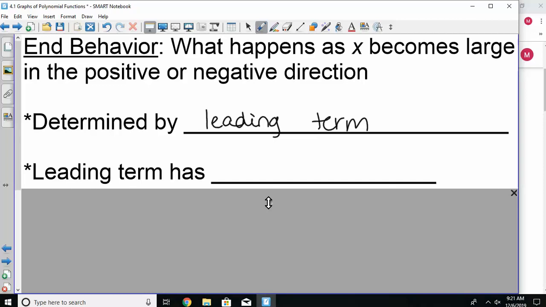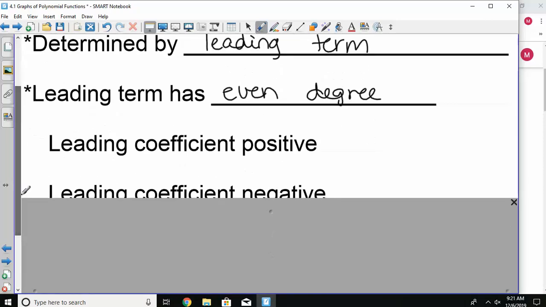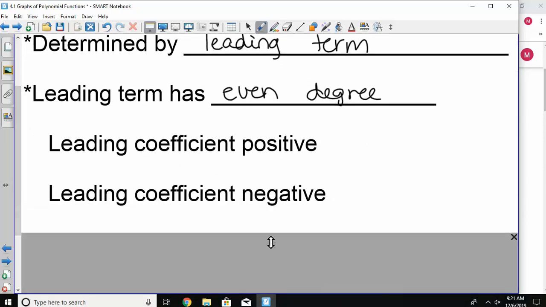When looking at that leading term, you have to pay attention to two things: the coefficient and the degree. If it has an even degree, think about our quadratics. We knew something about the quadratics. If it was positive, what did the graph look like? It opened up. If it was negative, what happened? It opened down.